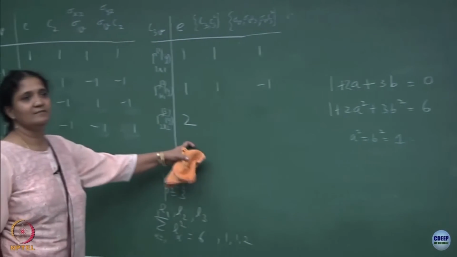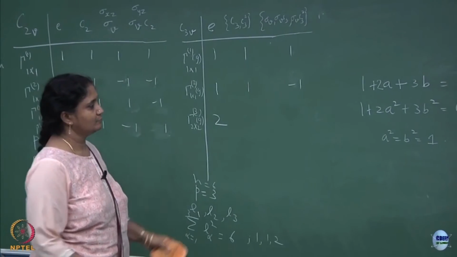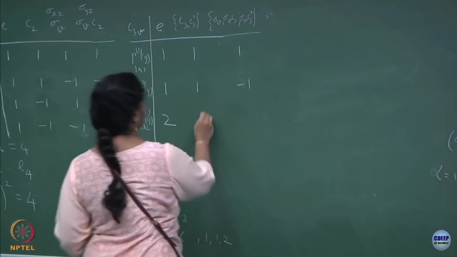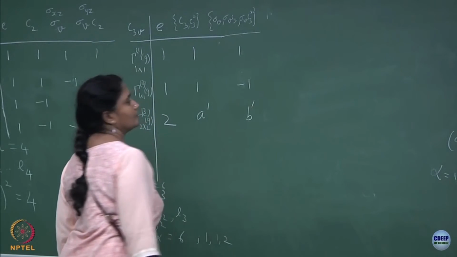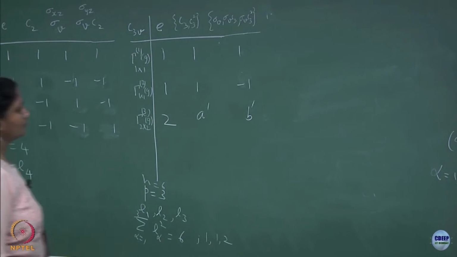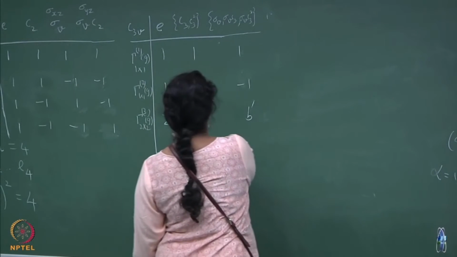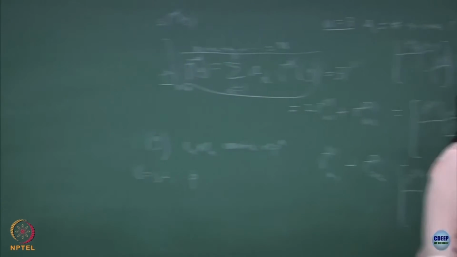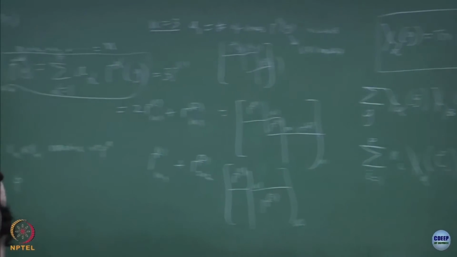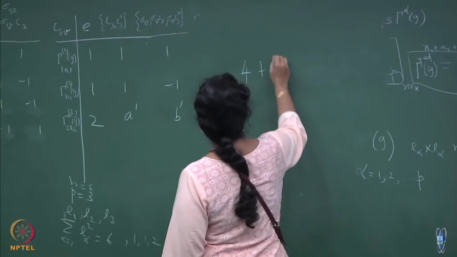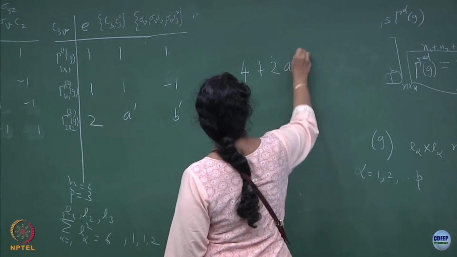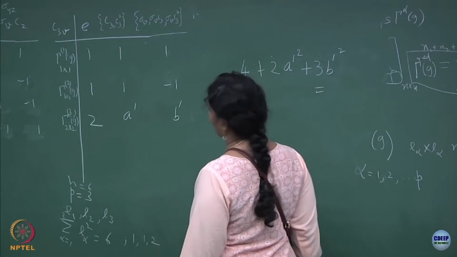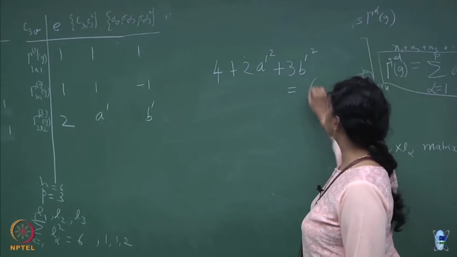Now, let us come to this. So, just taking the square of this alpha and beta to be same will give you the square. So, that will be 4 plus 2 times a prime squared plus 3 times b prime squared, it has to be equal to 6.